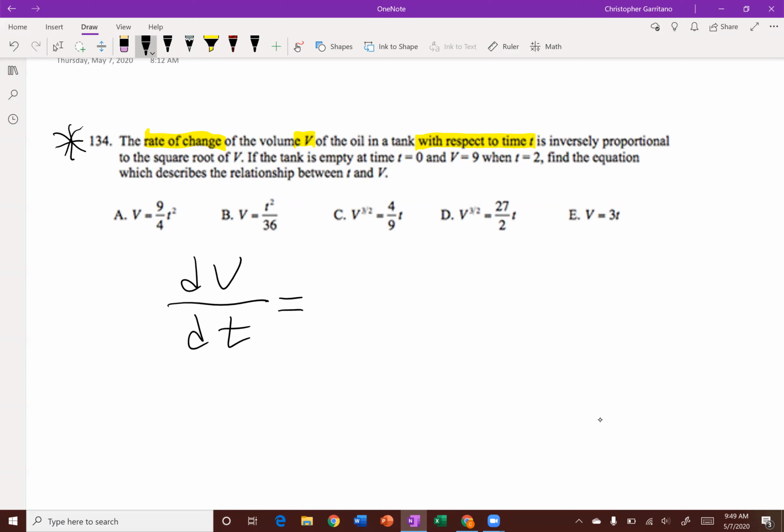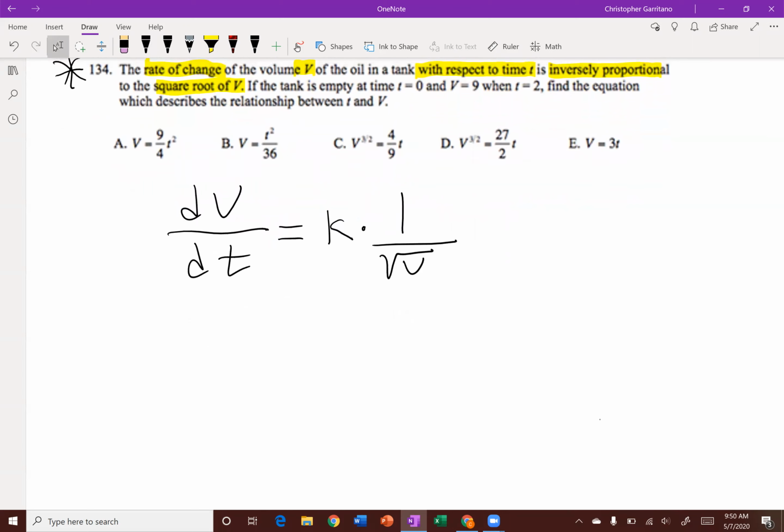We are then told that that quantity is inversely proportional to the square root of V. The term inversely proportional means that dV/dt is equal to the product of some constant times 1 over square root of V. Inversely proportional means we are taking the reciprocal of the square root of V. If we were told that dV/dt was directly proportional, or just simply proportional to the square root of V, then the equation would read dV/dt equals k times radical V. All right, so it's important to know the difference between those two phrases.